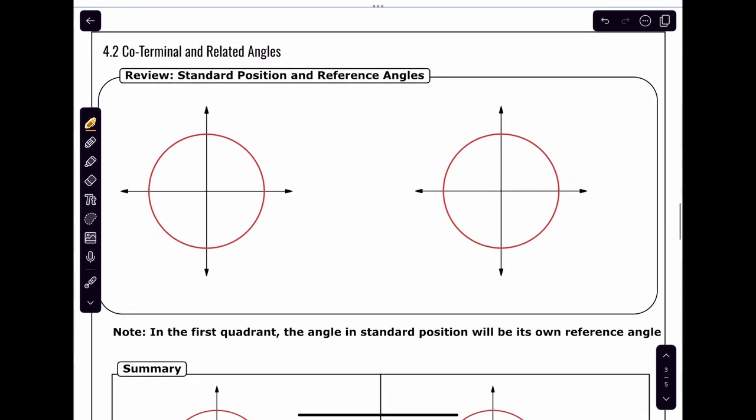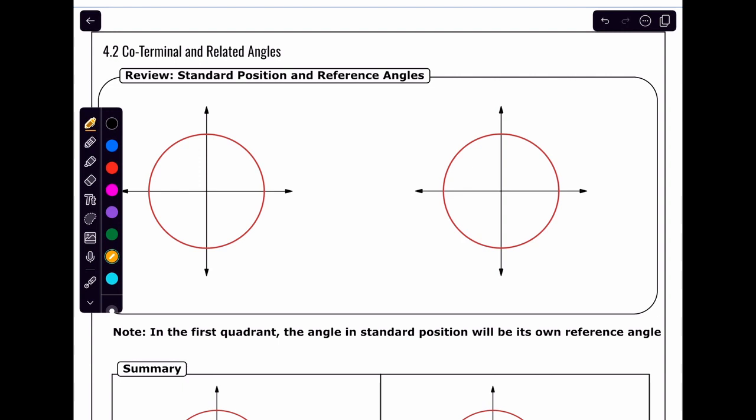Review standard position and reference angles. So let's start with the definitions once more.